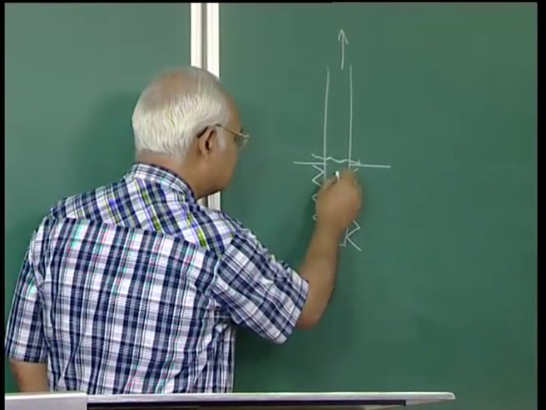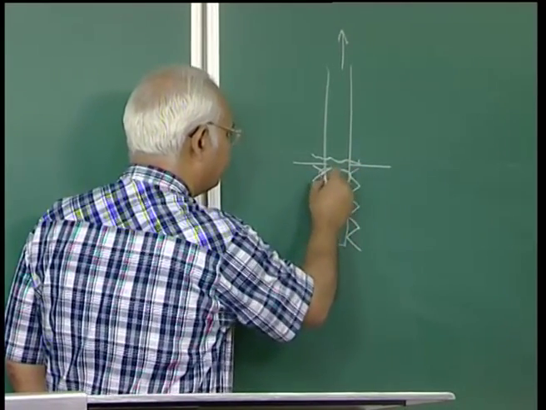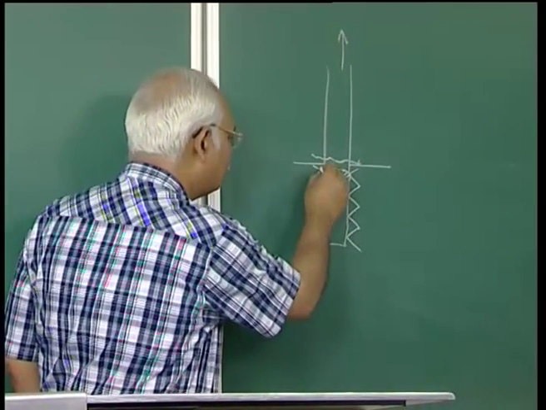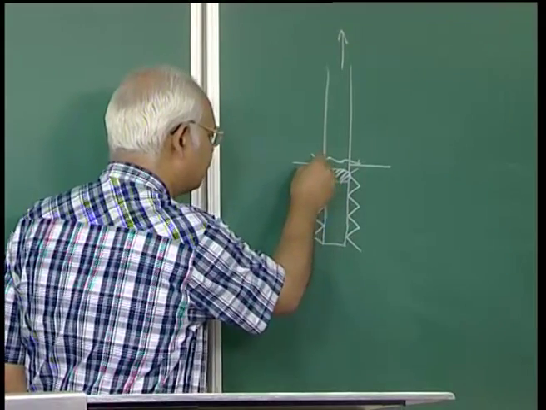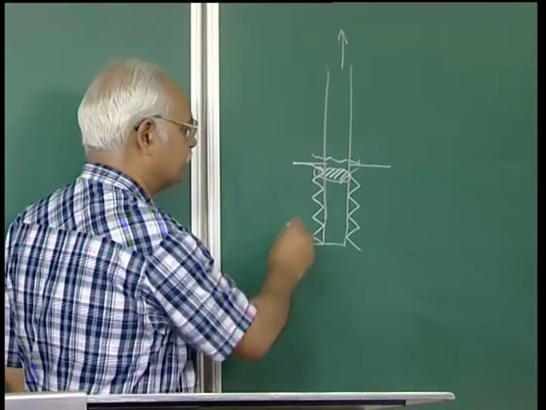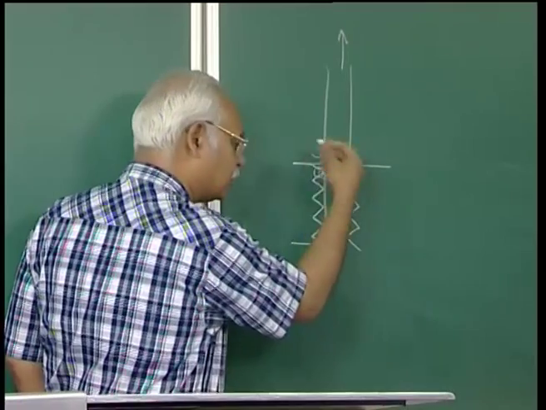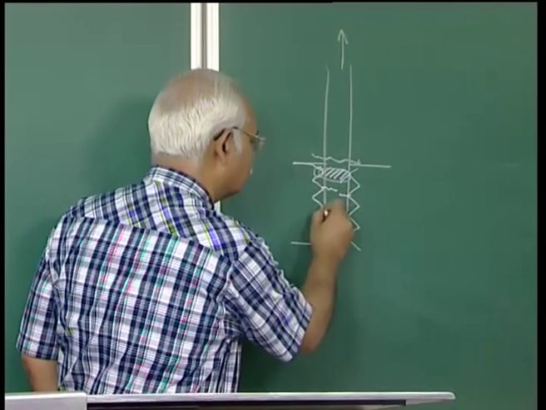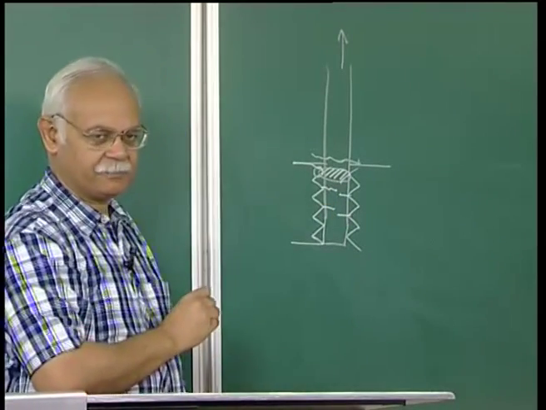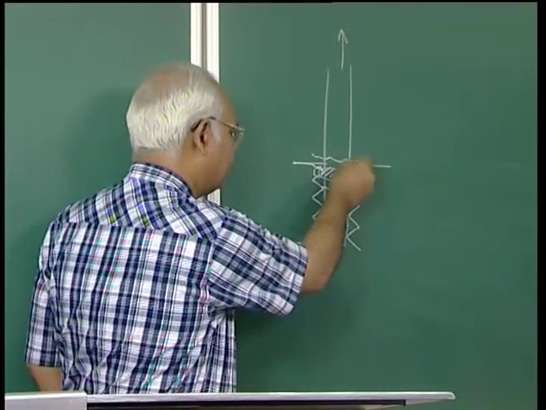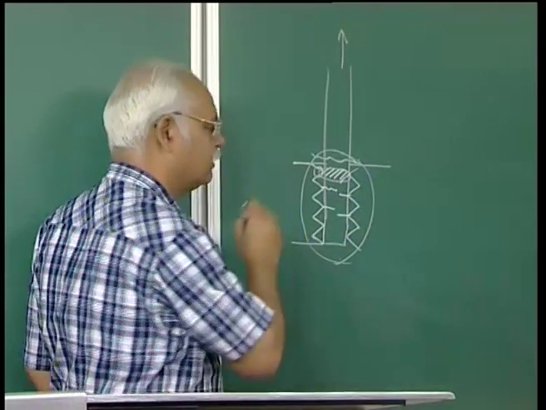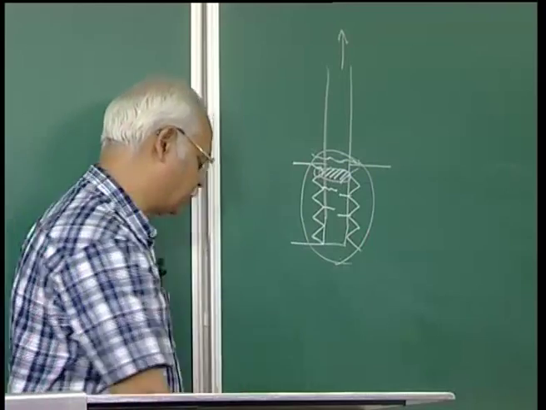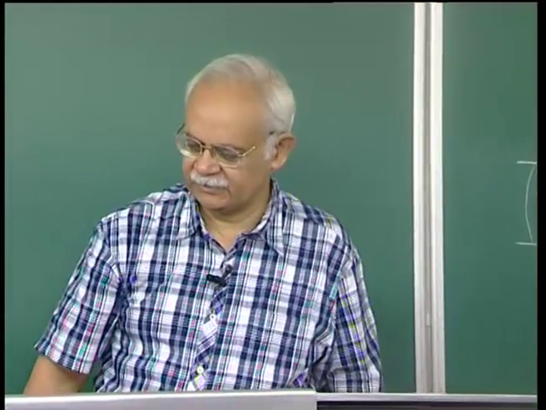Now, if this material here, which is the FRP, is soft compared to whatever material we are using for the chuck, it is likely that as the load levels increase, this material will cut through the FRPs and the failure will occur at the chuck itself or within the chuck. And this is a major challenge as far as testing of FRPs is concerned.